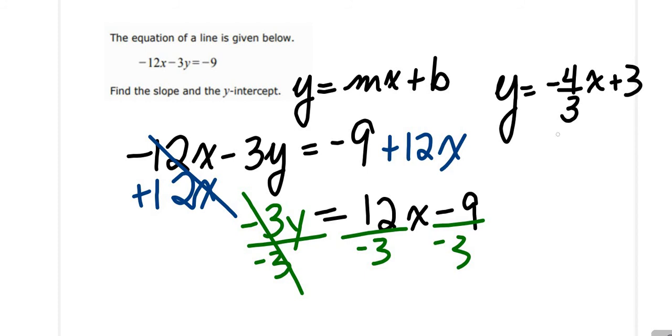So right here, y equals negative 4/3 x plus 3. That means my slope would be negative 4/3, and my y-intercept would be positive 3.